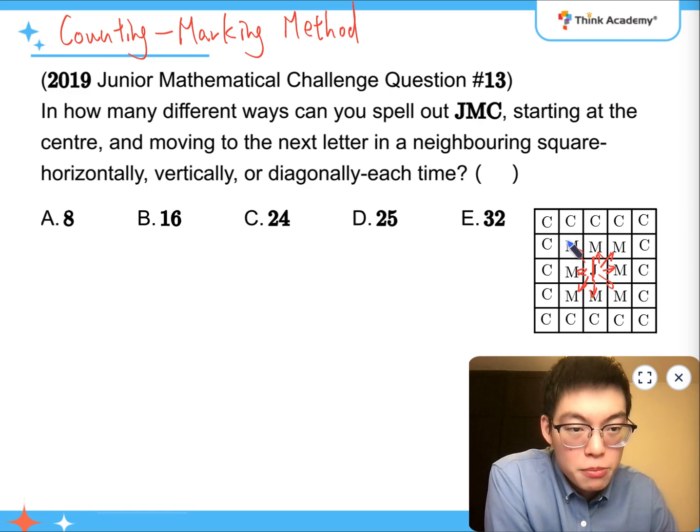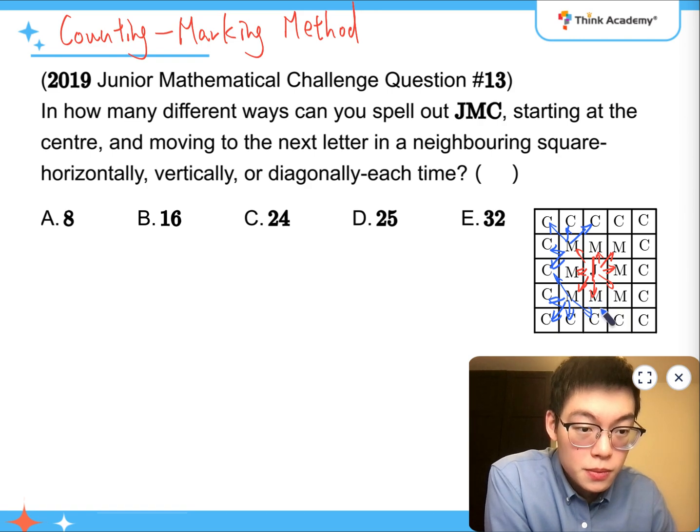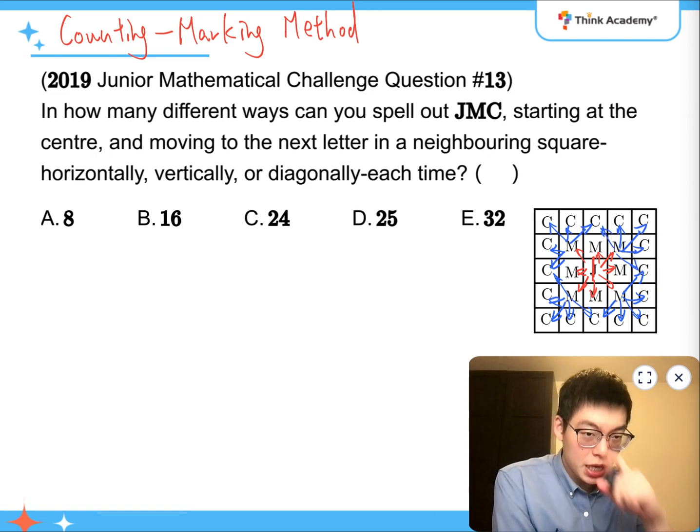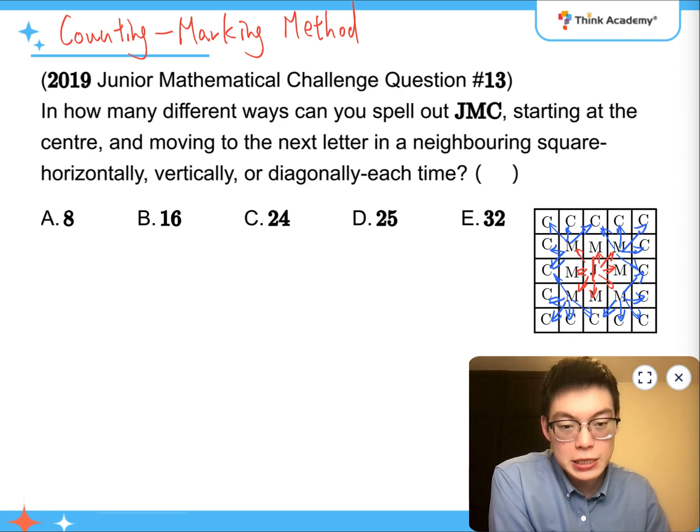For the corner M's, there are 5 possible C's that it can get to. So those are for the corner M's. Maybe it's a little bit messy, but hopefully you know what I mean. So each corner M can go to 5 C's.